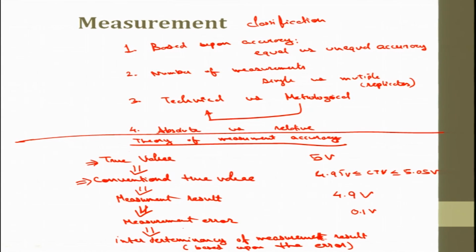The error that we have obtained here is used to find the indeterminacy. This was just an introduction to what statistics can do, and where statistical theory can be applied to obtain information out of the data obtained from the experimentation. I'll just take a break here.